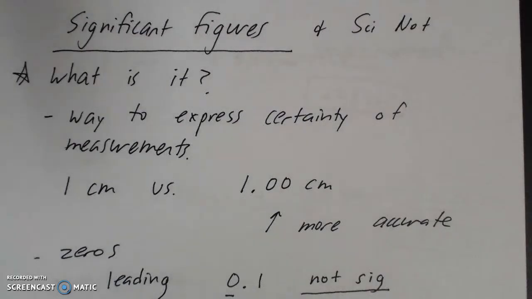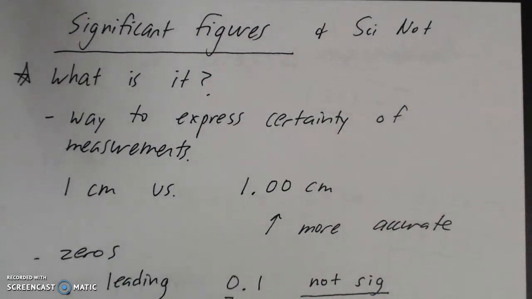So in physics labs we'll be doing lots of measuring. My example here is centimeters. Let's say I measure something in the lab and it's a centimeter long. Well, if I have a tool that goes down to the 100th of a centimeter, then I could express my measurement as 1.00 centimeters versus just saying 1 centimeter.